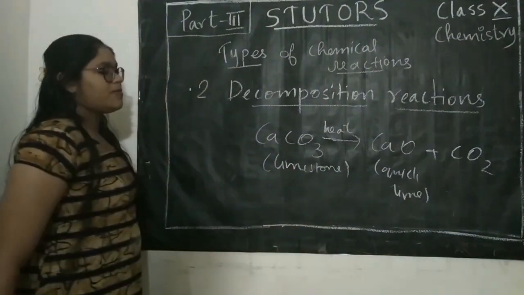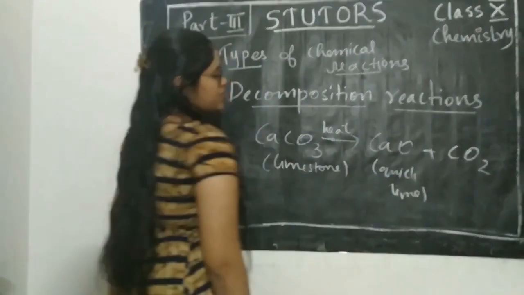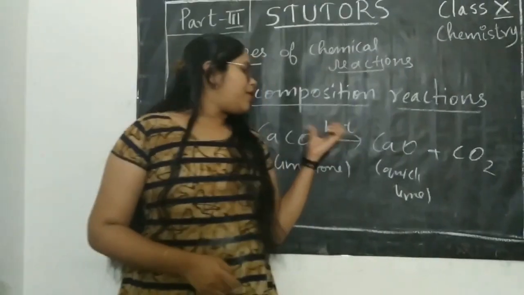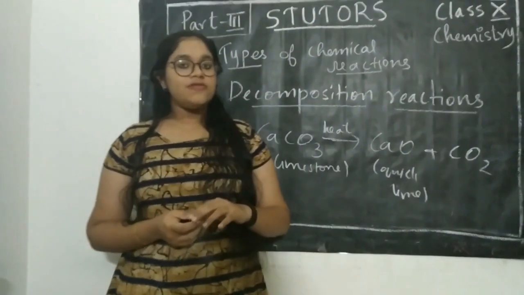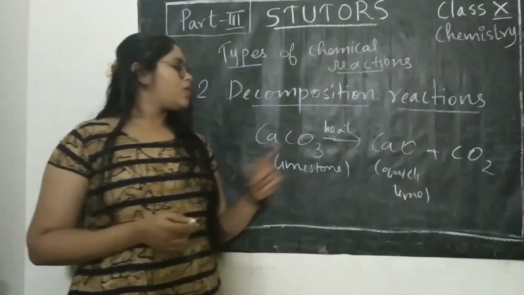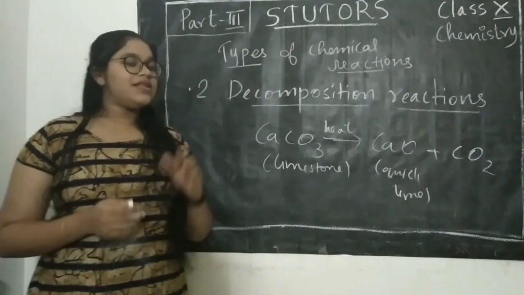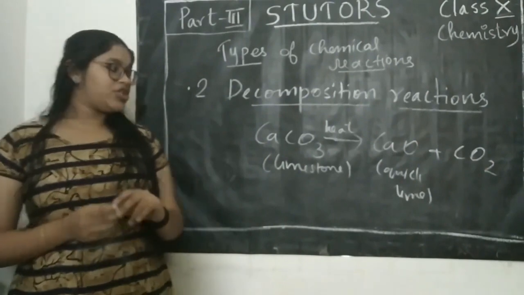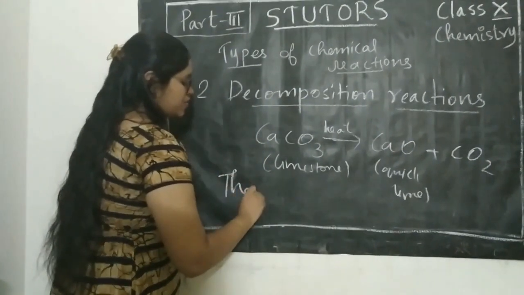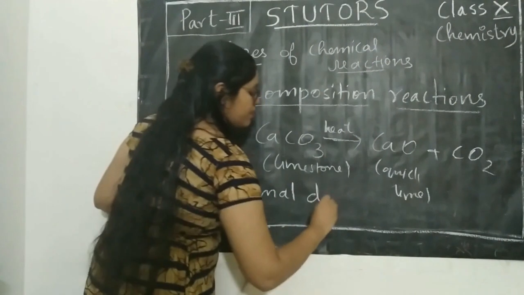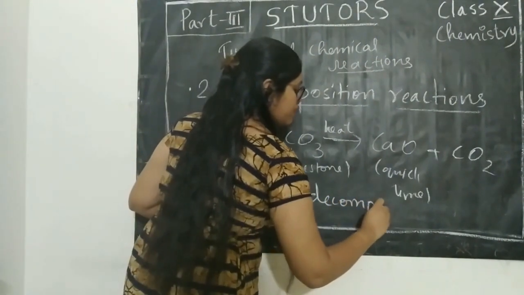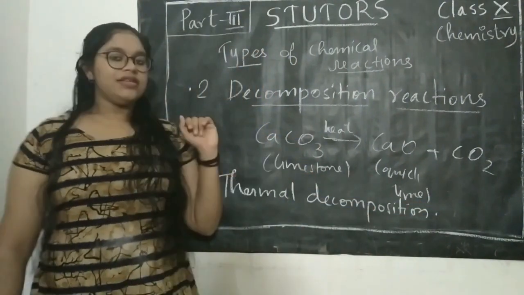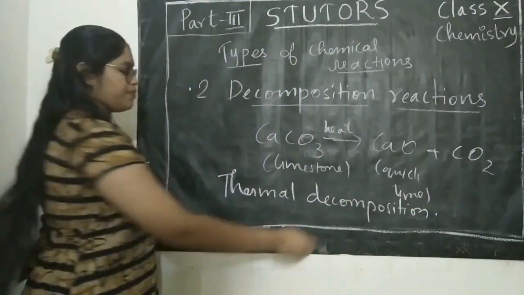So here one substance decomposes into two or more substances, hence it's a decomposition reaction. Here we notice it is carried out in the presence of heat. The earlier activity on ferrous sulfate is also carried out on heating. Hence, decomposition reactions carried out on heating are specially known as thermal decomposition.